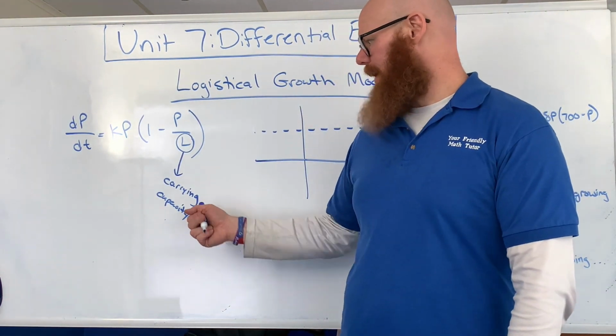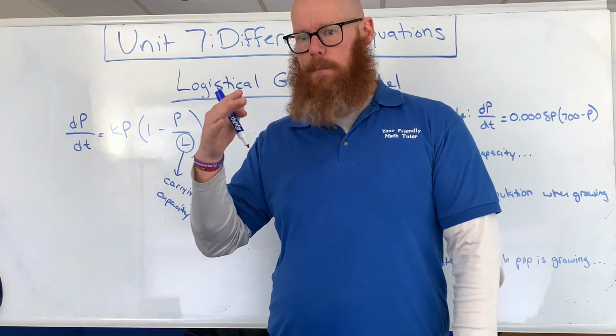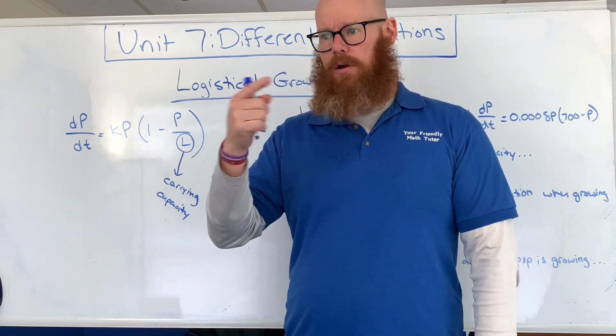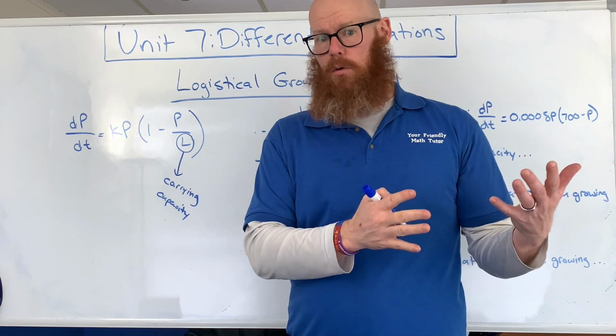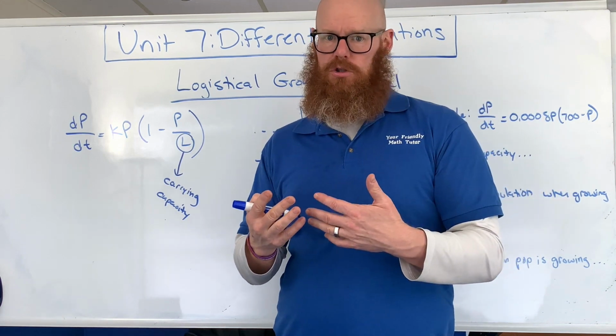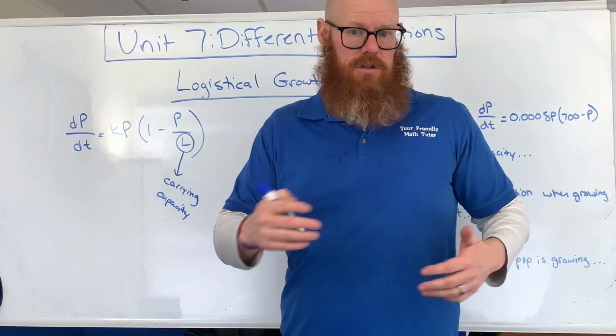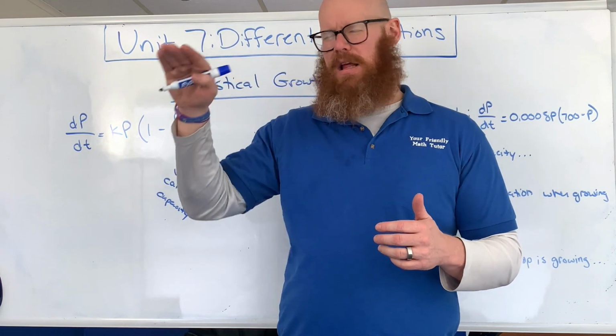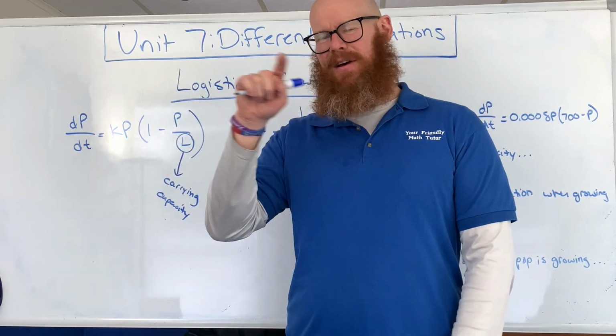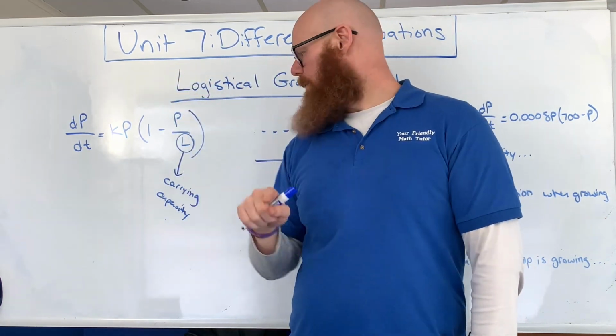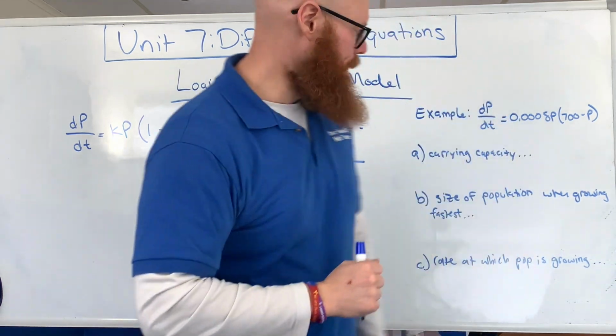The carrying capacity is that maximum amount. As the deer use up more of their resources, they're going to reproduce more slowly, and their population will level out. That value that it's approaching is what we call the carrying capacity.